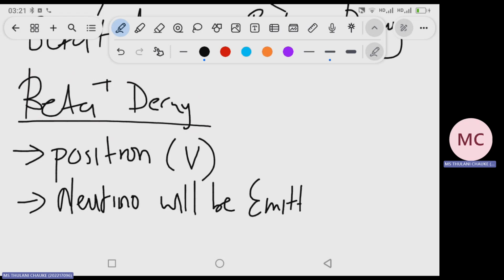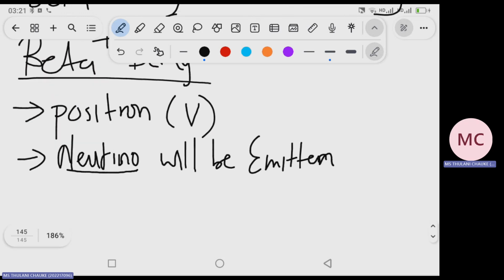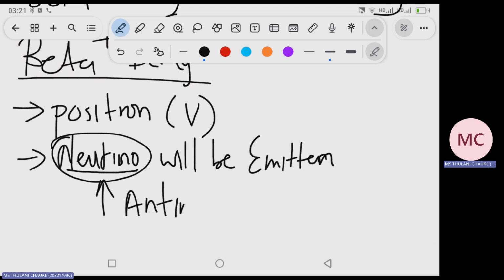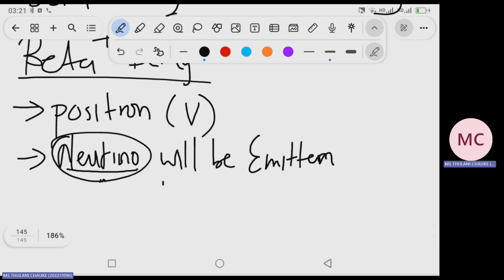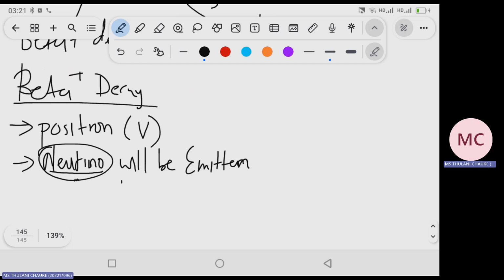What do we mean by a neutrino? It is just the smallest particle of matter, so its mass is very, very small. Even an antineutrino, which will be emitted on the beta minus decay. So these are the two properties that you must know.